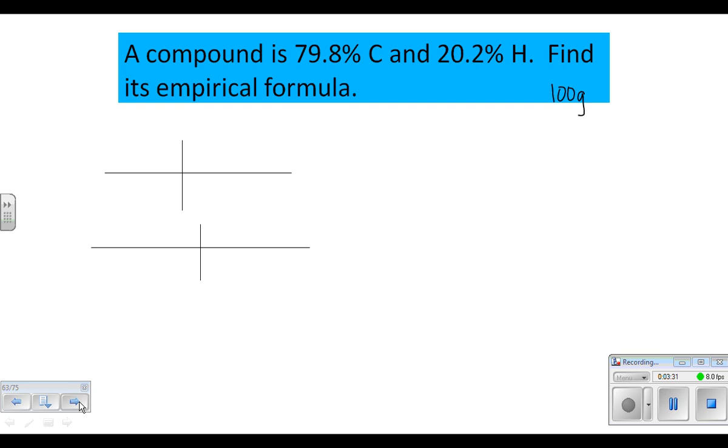Okay, so if that's the case, we're going to go percent to mass and then mass to moles. So we're going to use our T-bars or train tracks and go ahead and do the molar mass and 1 mole. So we're going to go from grams to moles. All right, so percent to mass and mass to moles.